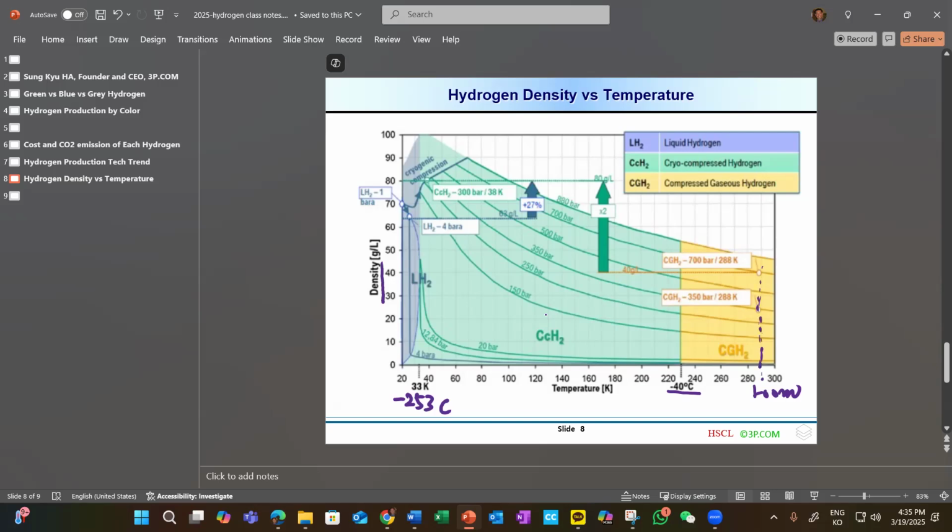How? Well, this line shows the pressure. A certain amount of hydrogen can be compressed, and then the density will increase.